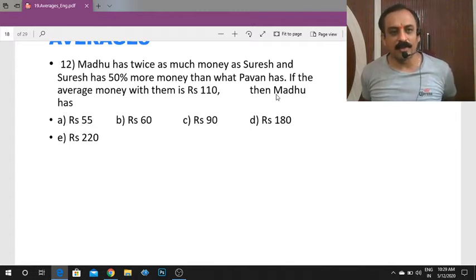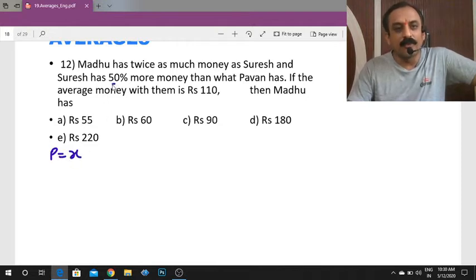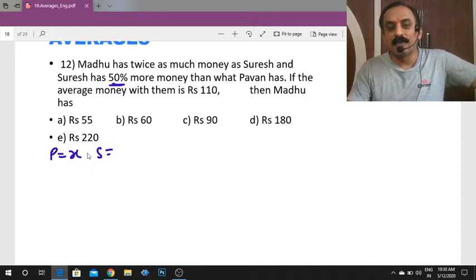If the average money with them is 110 rupees, then Madhu has how much? For example, let Pawan have x rupees. Suresh has 50% more money than what Pawan has. 50% more means let Pawan have 100%.